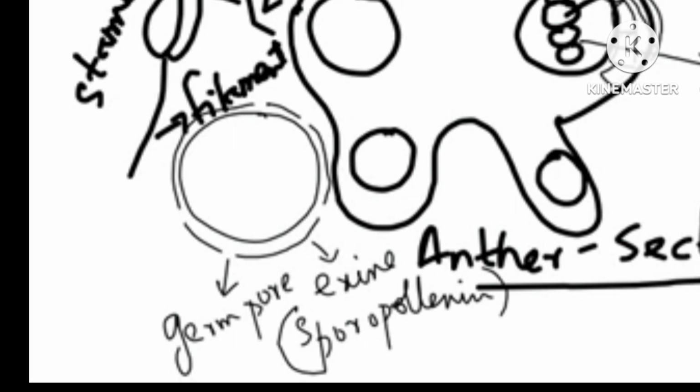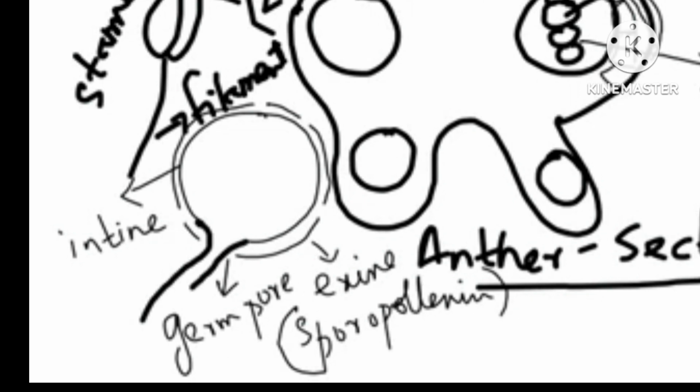Now the internal layer is called intine. And what is the role of this intine? It is the intine that later becomes the pollen tube. The intine will come out of the germ pore like this and become the pollen tube. And what gametes are present in the generative cell? Two male gametes are there, no?